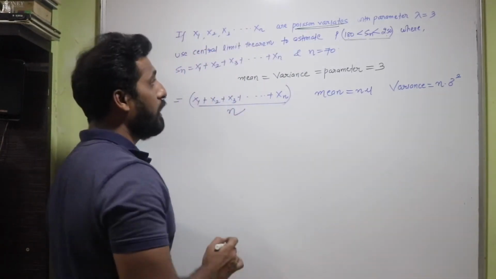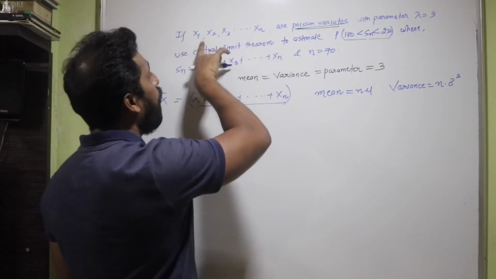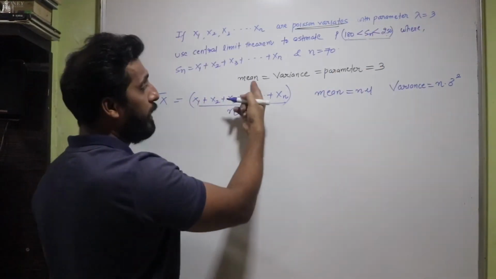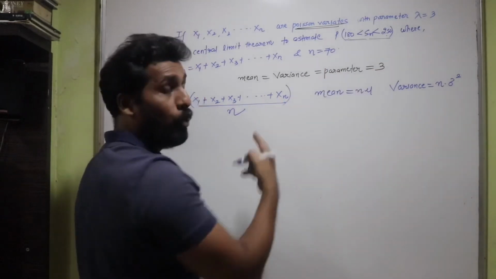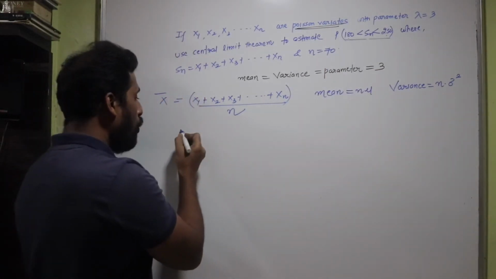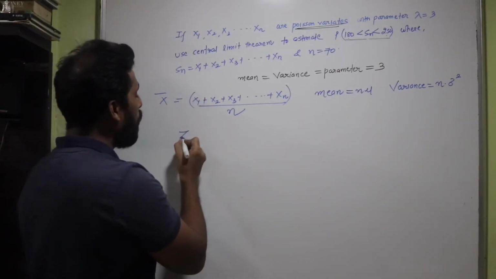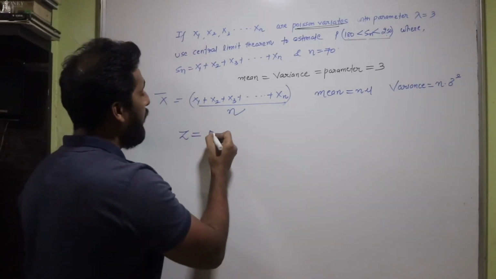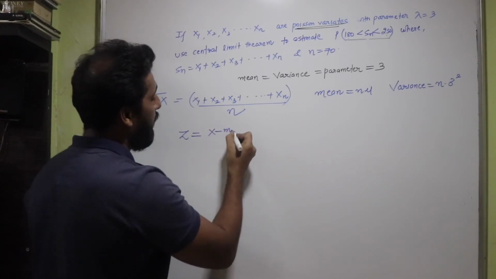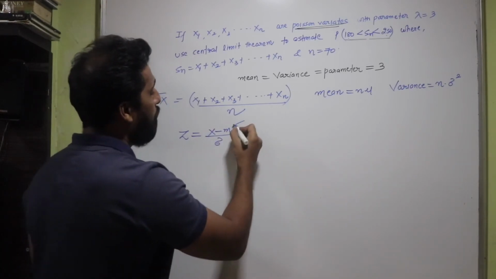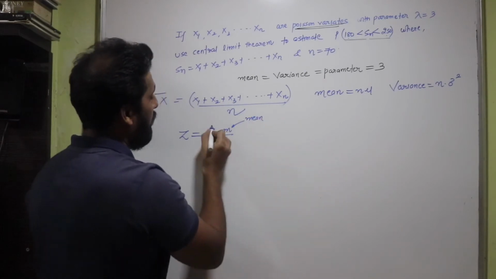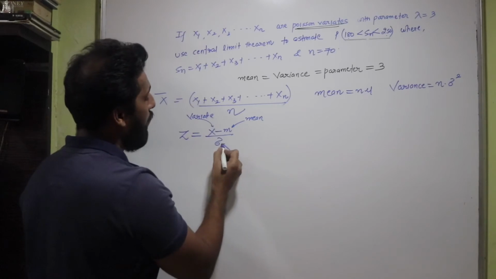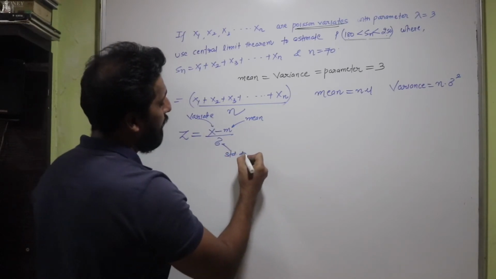For the given question, we already know that for the given variates, the parameter is lambda equal to 3. So, as already written here, mean and variance, both of them are equal to 3. We also know that the basic formula for the normal variant z is given by x minus m upon sigma, where m is the mean, x is the variant, and sigma is the standard deviation.